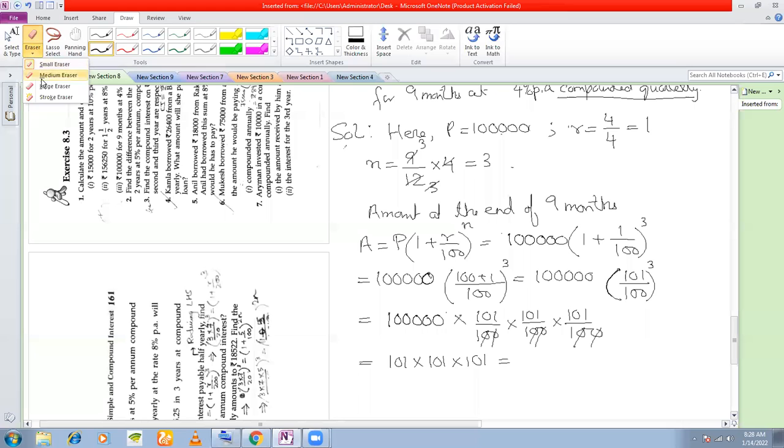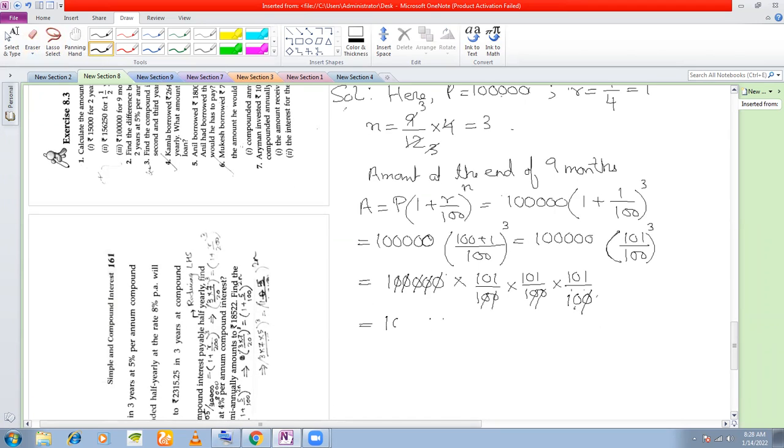Now it's okay. Now you see what zeros will cancel here. All the 5 zeros are going to cancel, and here only one 0 will be left. So you are left with 101 into 101 into 101 divided by 10.